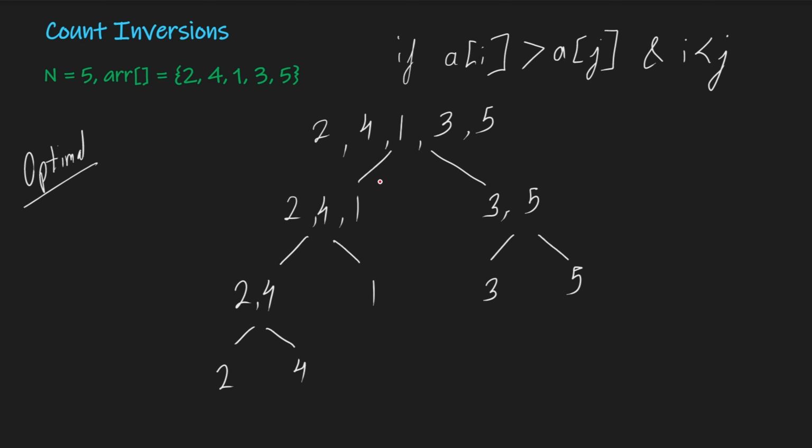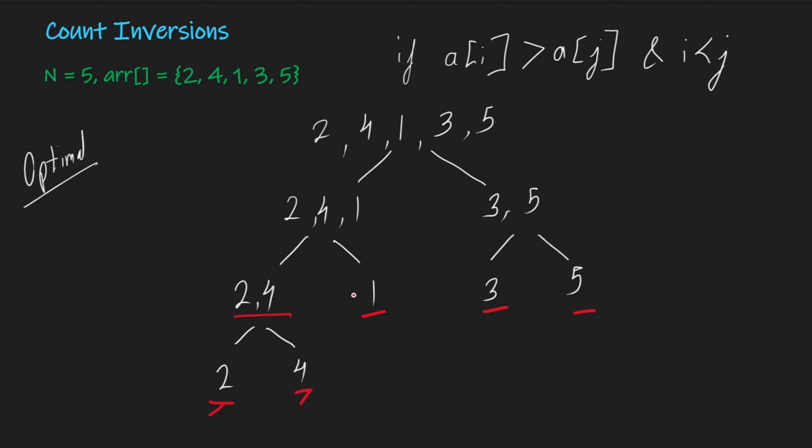Basically, merge sort is dividing the array in two parts until you get a single unit out of it. When you get that single unit, then you do backtracking and sort the array. For example, 2, 4. It is already in sorted order, so 2, 4 comes here.